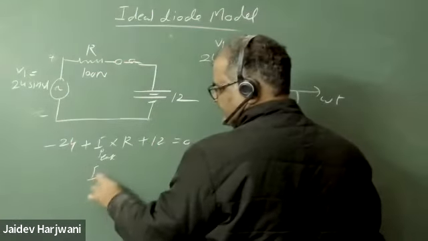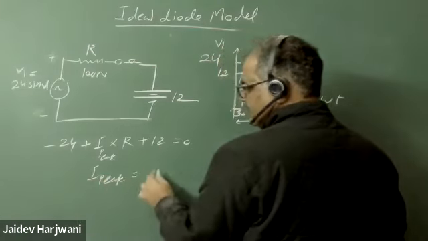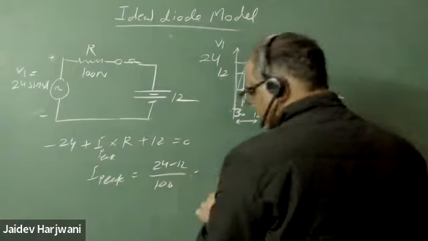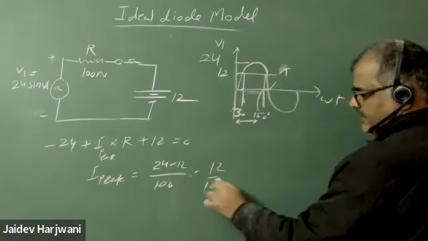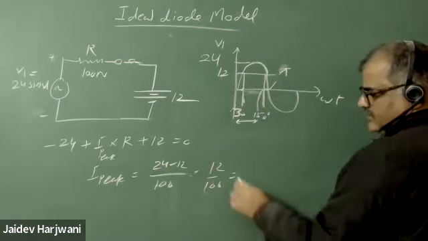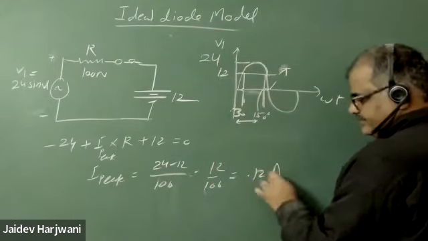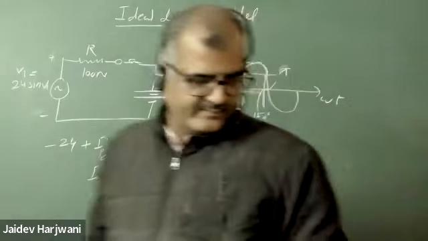So I peak will be 24 minus 12 upon R, which is 100. So 12 upon 100 comes to 0.12 ampere.